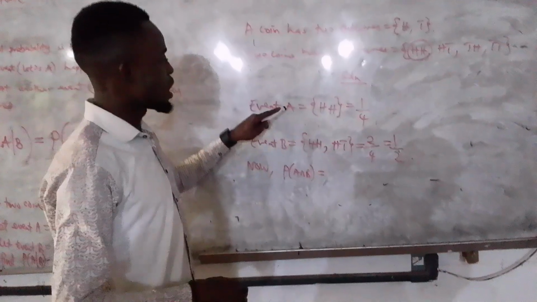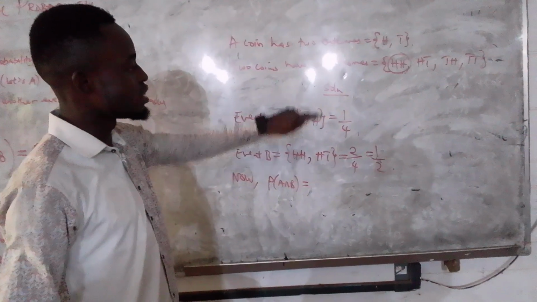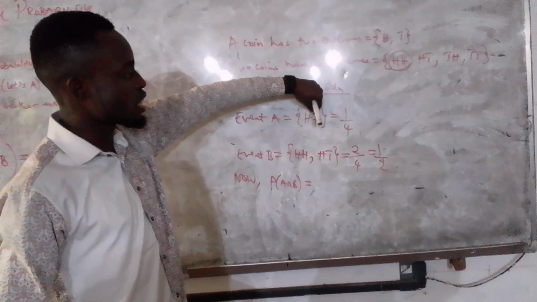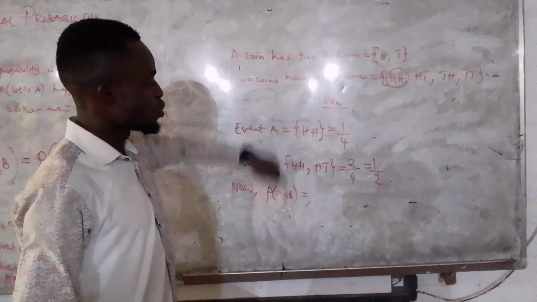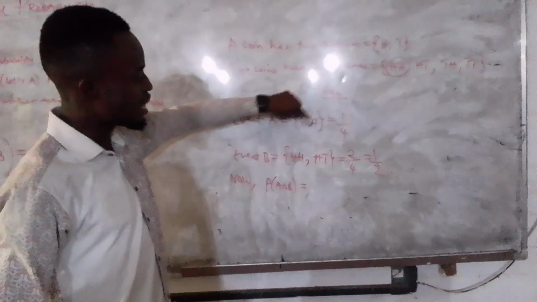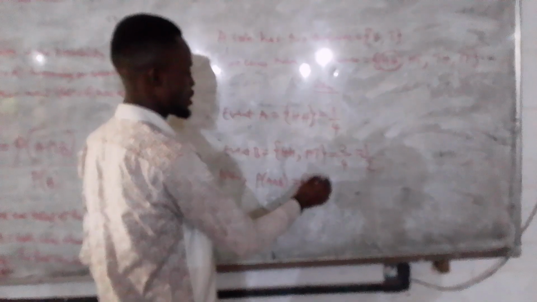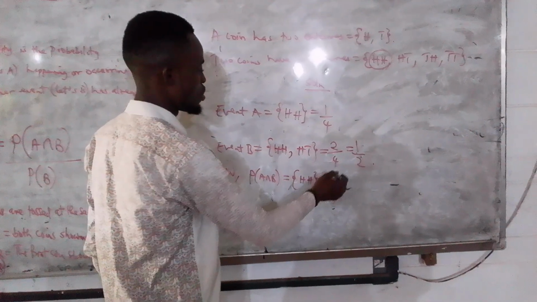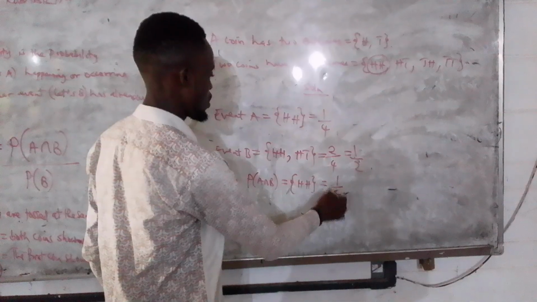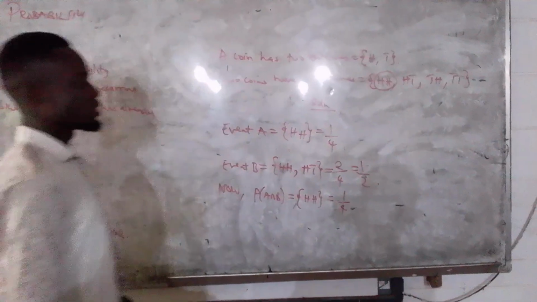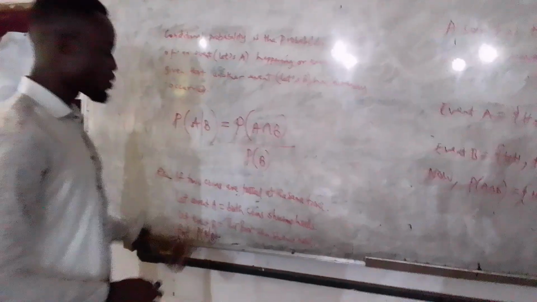We have set A and set B. In set A, we only have one element, head-head. And in set B we have two elements, head-head and head-tail. So what is common there? That is head-head, which is equal to 1/4.